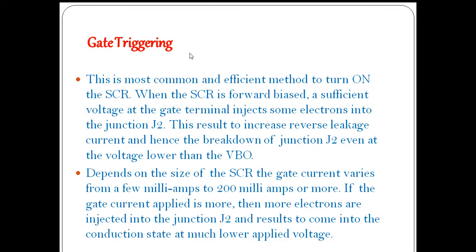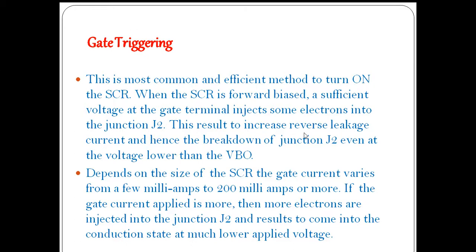Already the device SCR is forward biased. Anode to cathode voltage we are applying. The anode to cathode voltage will be increased, and at the same time whenever the device is forward biased, we are applying gate to cathode voltage. So which will inject some electrons into the junction J2.